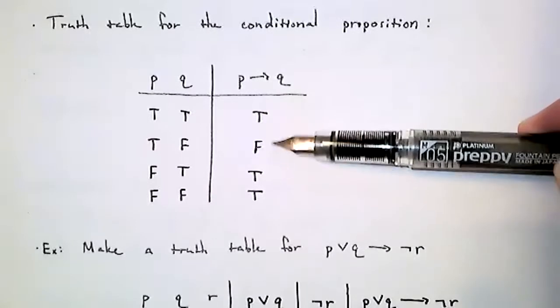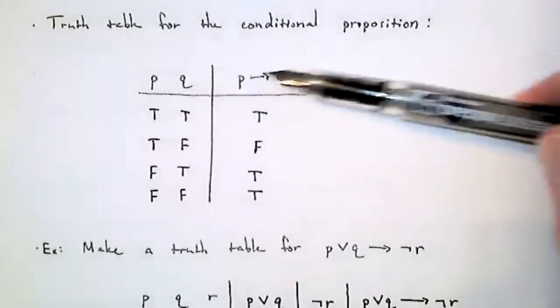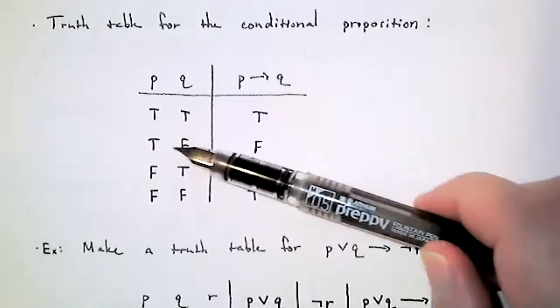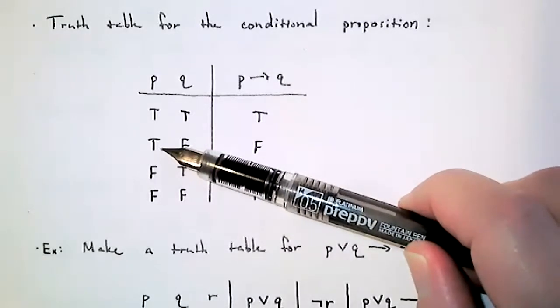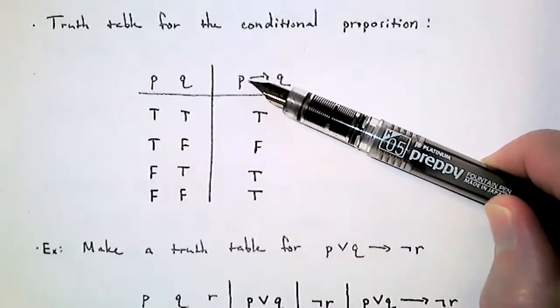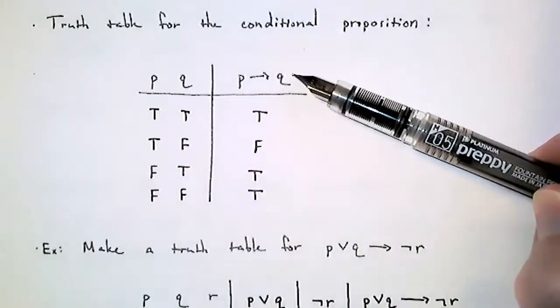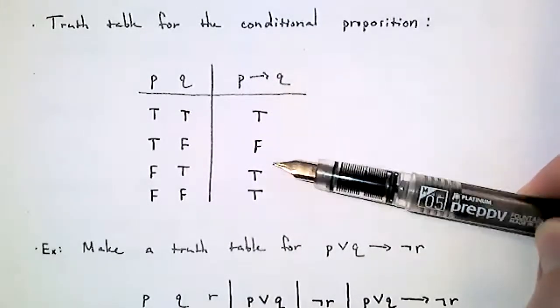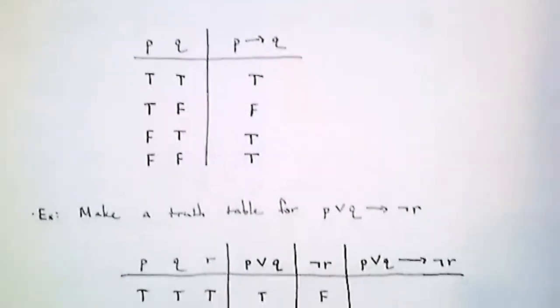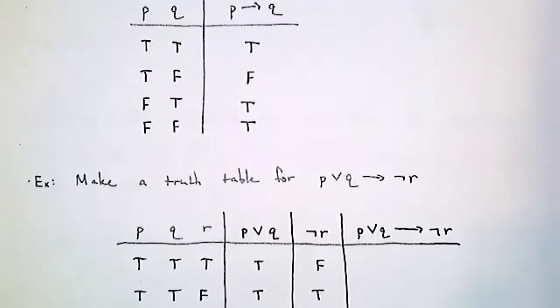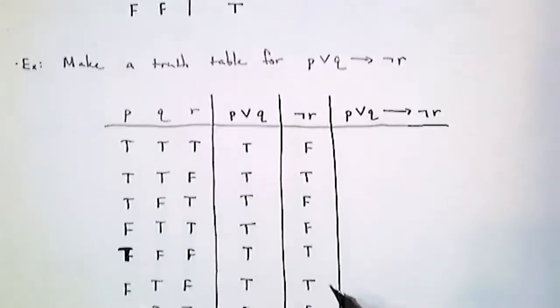The only time the conditional statement, if P then Q, is false is if we have a true hypothesis on the left but a false conclusion. Everywhere else we get true statements. So I'll keep that in mind down here.